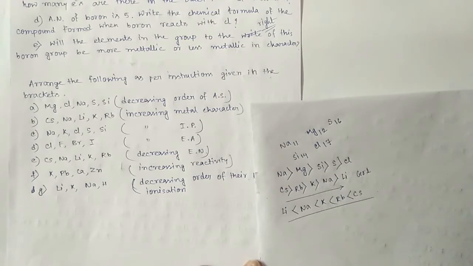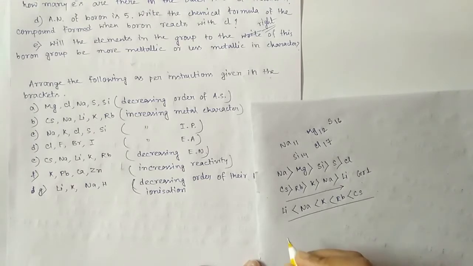If any atom loosely binds its outermost electron, it will require less energy to remove the electron from its outermost shell. So along a group, as the atomic size increases from top to bottom, the ionization potential will reduce, while along a period, as atomic size decreases and the effective nuclear charge increases, the ionization potential increases.